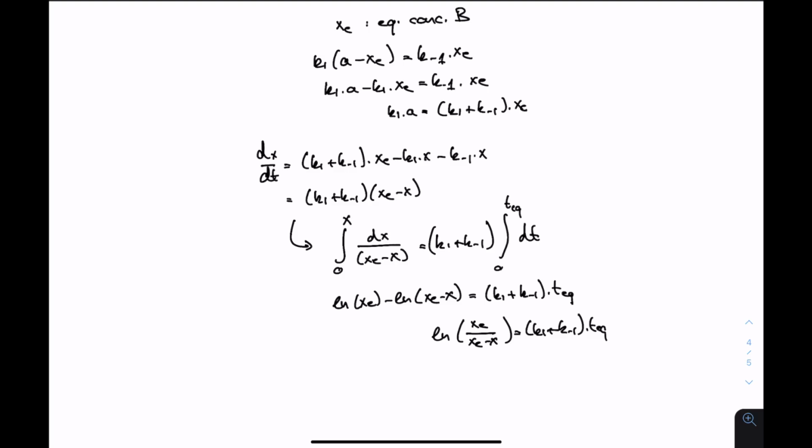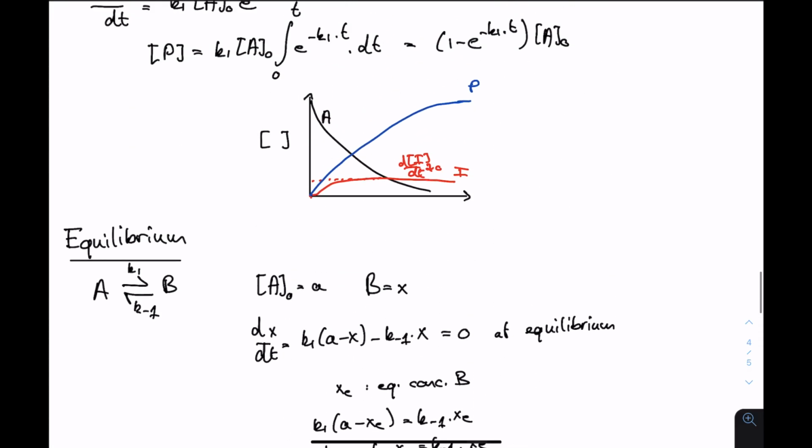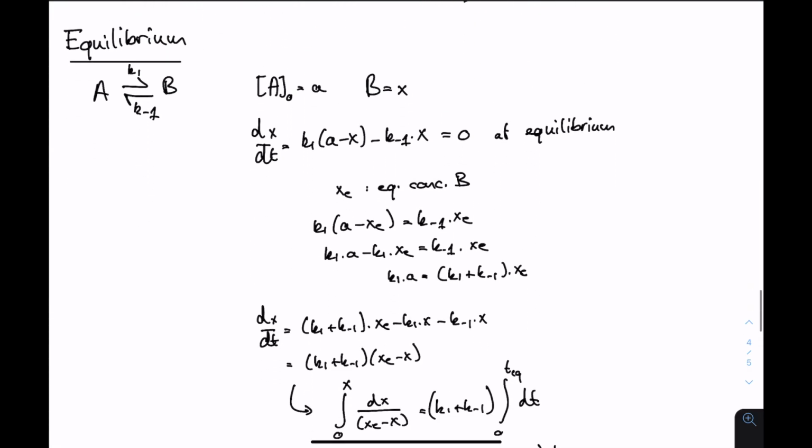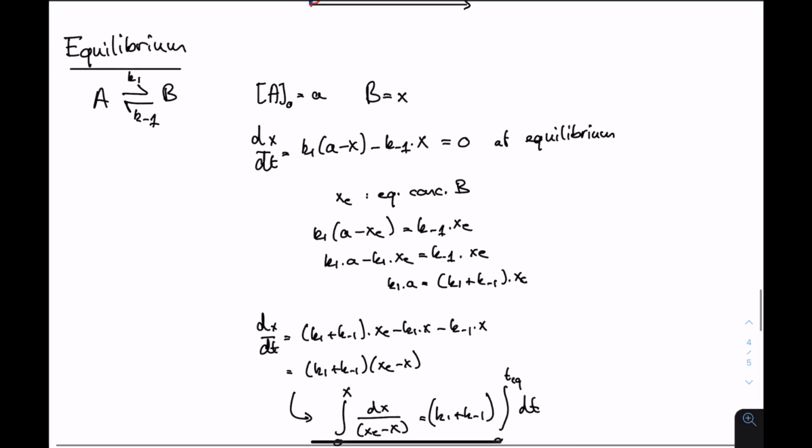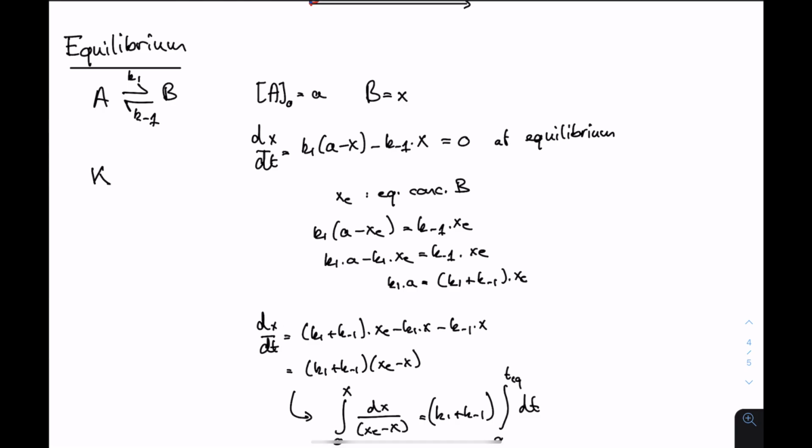And then maybe the more normal way of writing things, if we go maybe a bit back, is that the big K, capital K, the equilibrium constant, will be the concentration of B at equilibrium over that of A at equilibrium, which is the ratio of K1 over K minus 1.